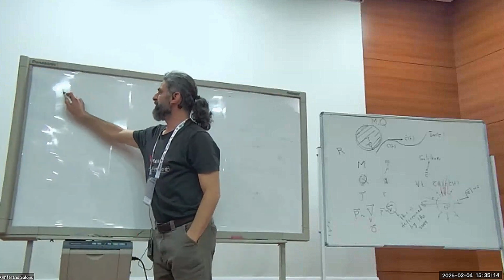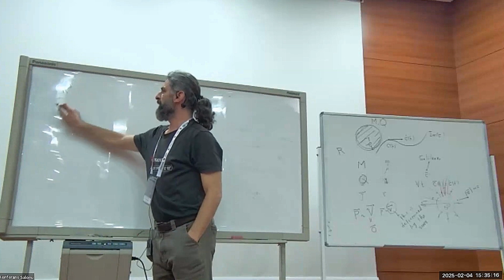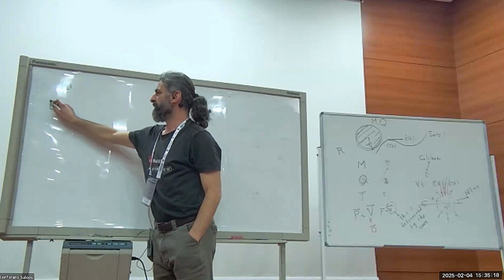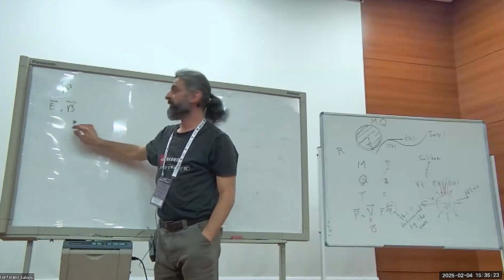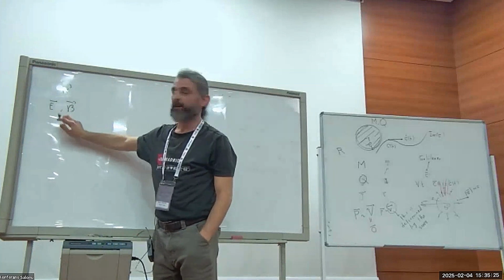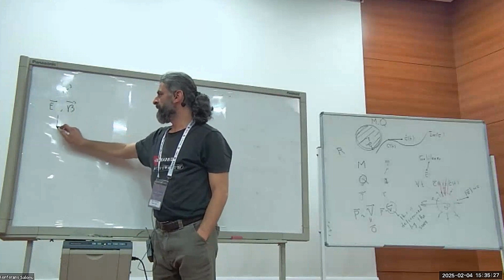So, in our three-dimensional picture, we have fields. The electromagnetic field is described by the pair of these vector fields. They are also parameterized with Newtonian time.